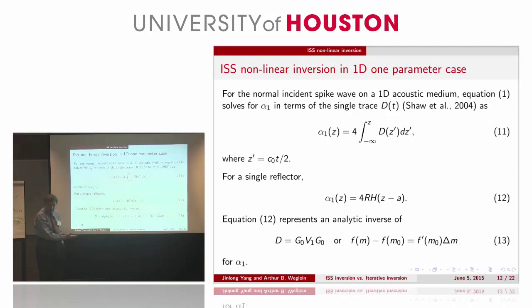They're the same, yes? It's just a different way of talking. Did you follow? This is the same as that. For the case of a single reflector, that's the alpha 1. Yes? So we're going to give the iterative that alpha 1, and give the inverse series that alpha 1.